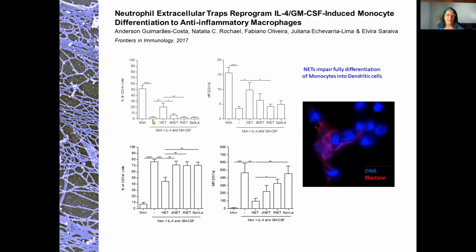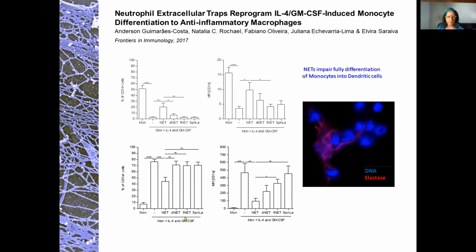If we add NETs to these cultures, as you can see here, you have an increase in the expression of CD14. So you are not having this downmodulation as you are expecting. So NETs are reverting and also maintaining the CD14 expression in some cells. And this is really with a high MFI.